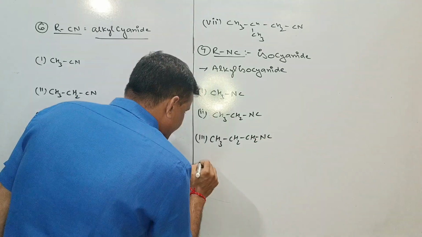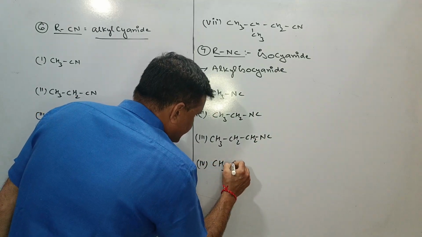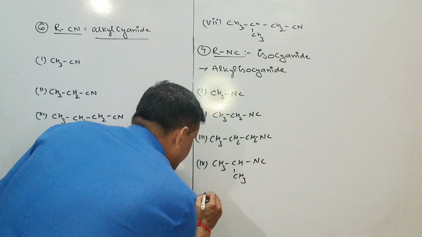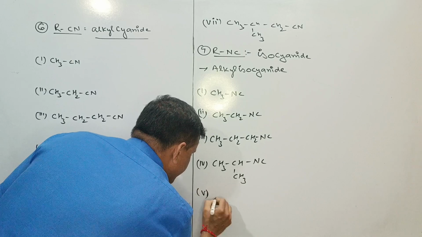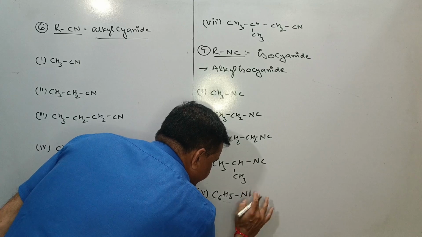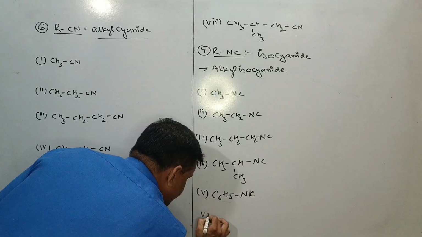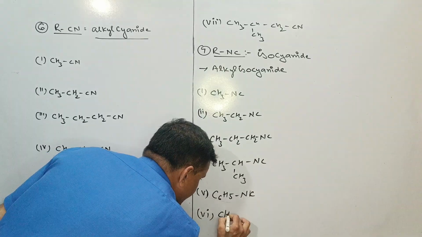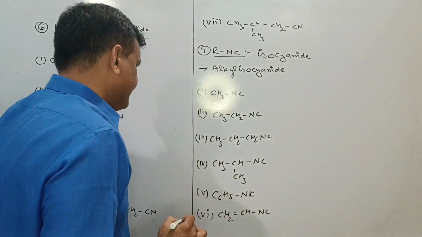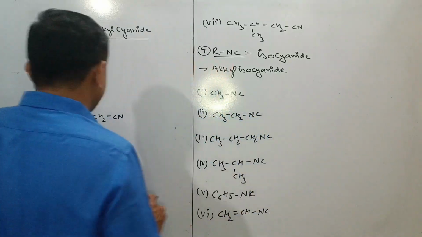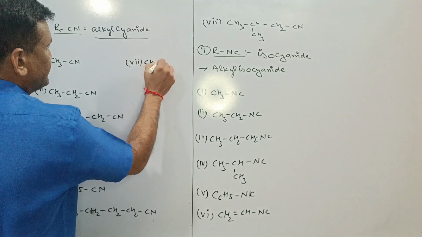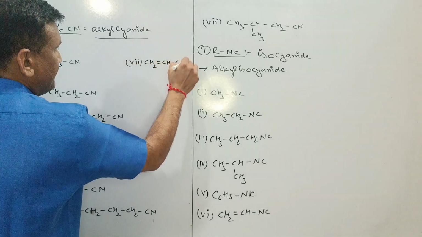This is the fourth example, CH3CHCH3NC. This is the fifth example, C6H5NC. This is the sixth example, you can take CH2 double bond CHNC. Then you can take a seventh example also, that is also important, CH2 double bond CHCN.